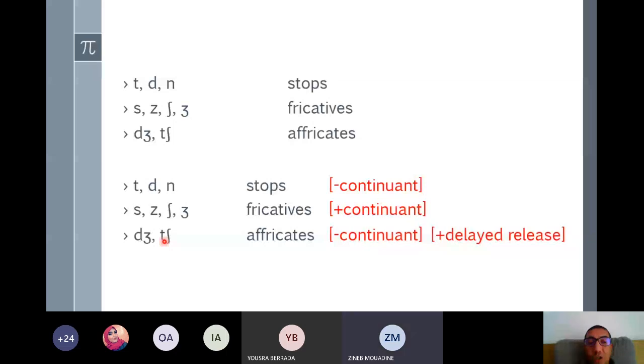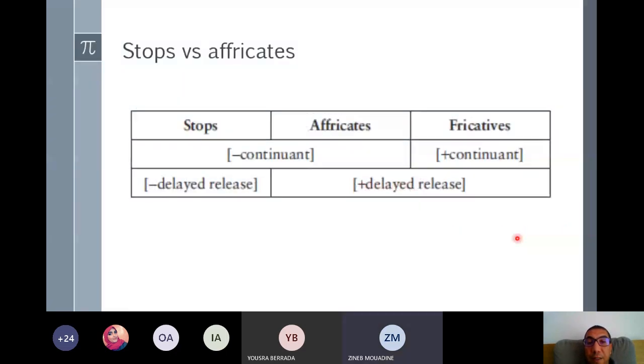The affricates are plus delayed release and the stops are minus delayed release. See, this is what you can see here. Stops and affricates are minus continuant, fricatives are plus continuant, and the stops are minus delayed release. Affricates and fricatives are plus delayed release.